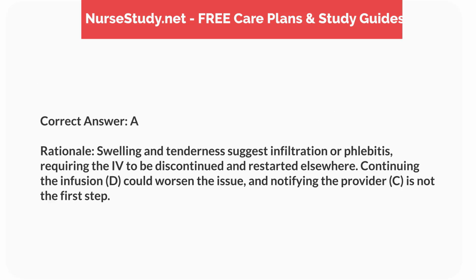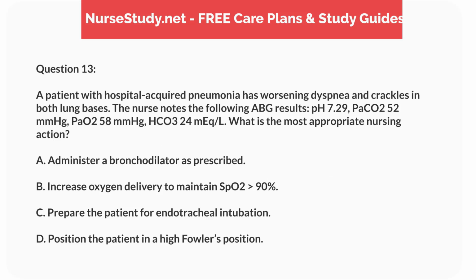Correct answer, A. Rationale: swelling and tenderness suggest infiltration or phlebitis, requiring the IV to be discontinued and restarted elsewhere. Continuing the infusion, D, could worsen the issue, and notifying the provider, C, is not the first step. Question 13.